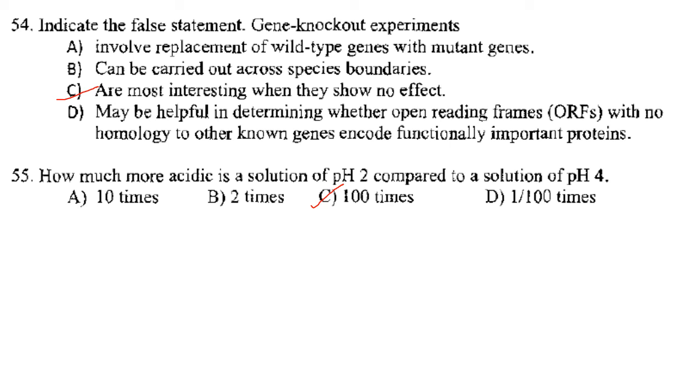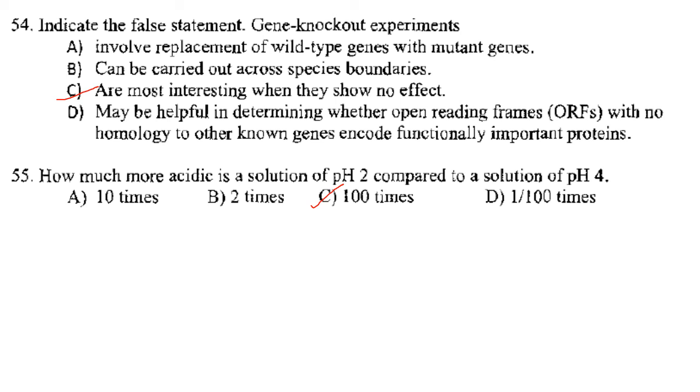Then next one. How much more acidic is a solution of pH 2 compared to a solution of pH 4? So the pH scale ranges from 0 to 14. And the pH scale is logarithmic, log of 10 you write. Okay, so it is a logarithmic value, and as a result each whole pH value below 7 is 10 times more acidic than the next higher value.